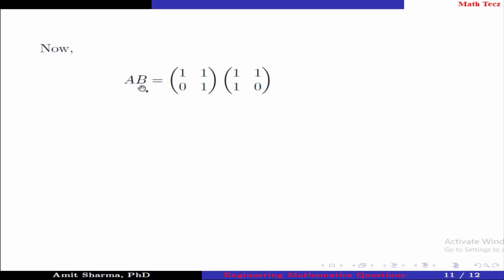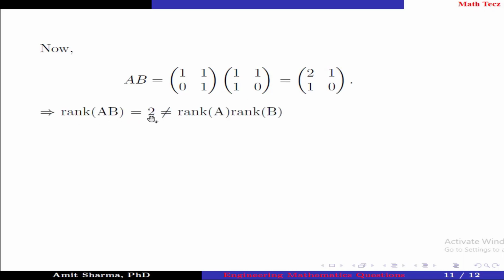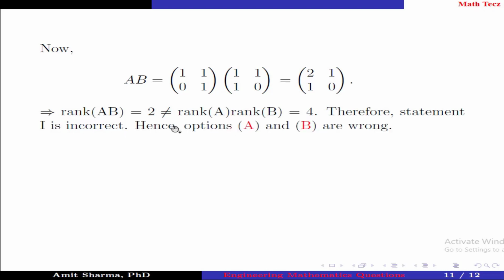Now, calculate AB, which is equal to 2, 1, 1, 0. Therefore, rank of AB is 2, which is not equal to rank of A times rank of B, which is 4. Therefore, statement 1 is incorrect. Hence, options A and B are wrong.